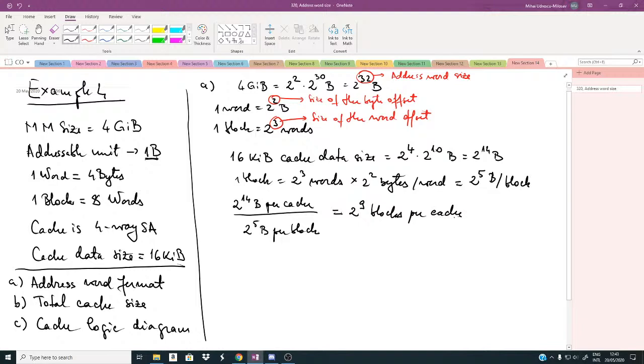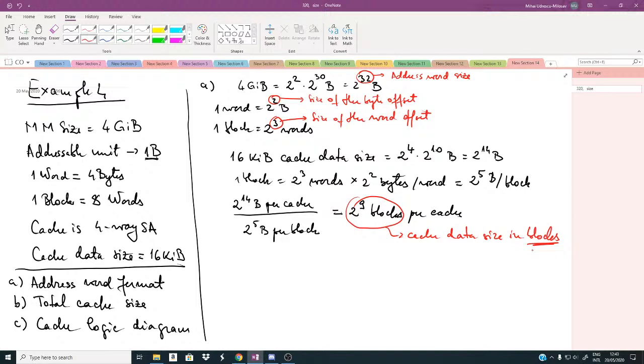Right, so this is the size of the cache, the data size in blocks, expressed as a number of blocks, not as a number of bytes, right? So that many blocks. Now, on the other hand, 4 blocks are associated to one index.